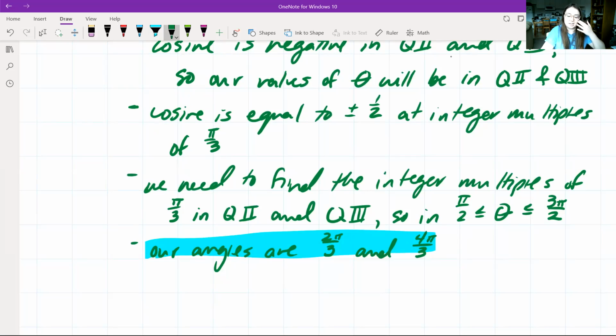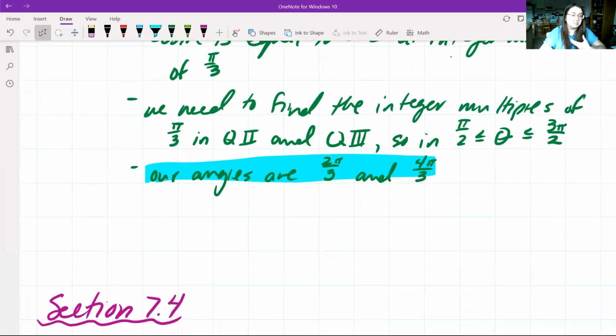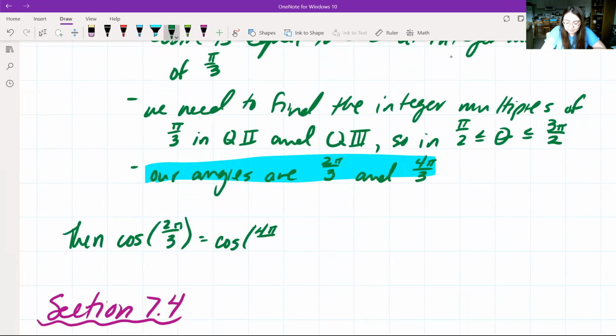So we've identified what our angles are going to be in order to solve this problem. So we can finally state it then. Cosine of 2pi/3 is equal to cosine of 4pi/3, which is equal to -1/2.